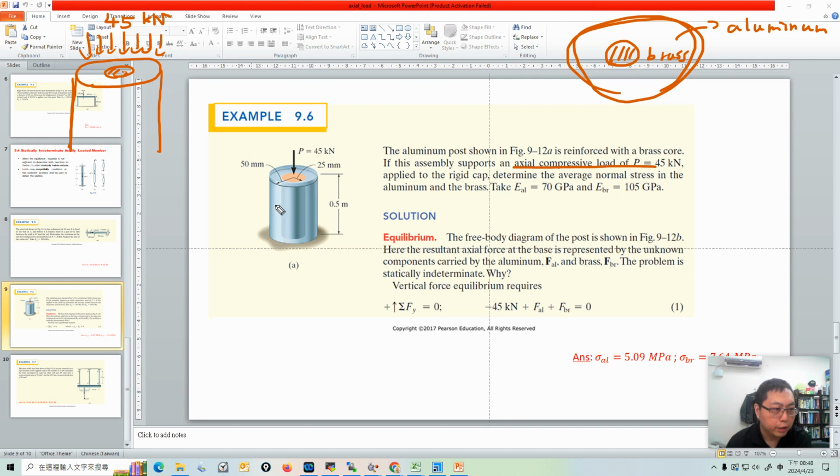Since this bar is under compression loading, we also use the cut section method.